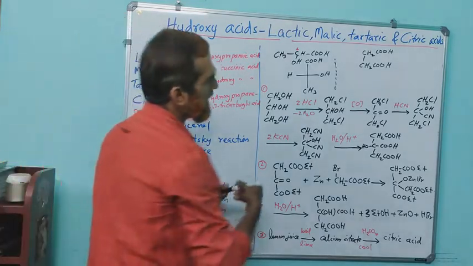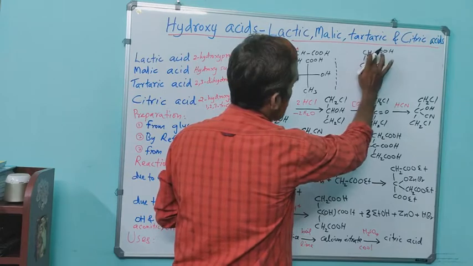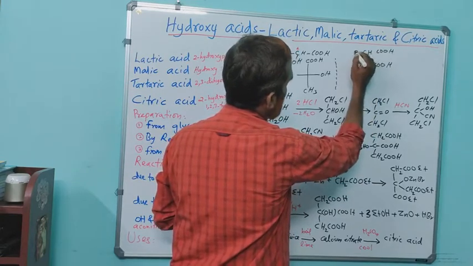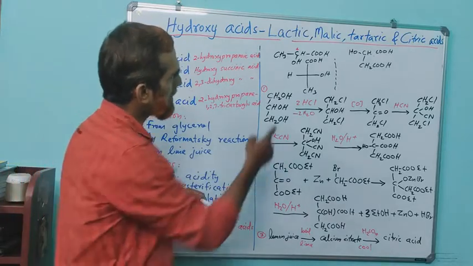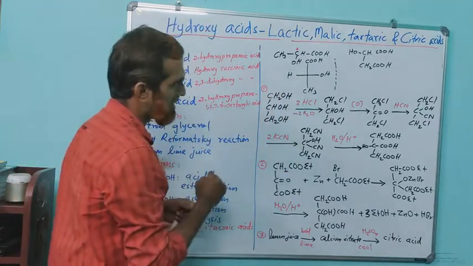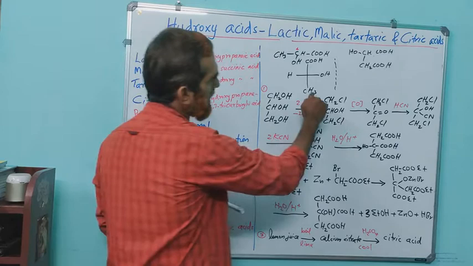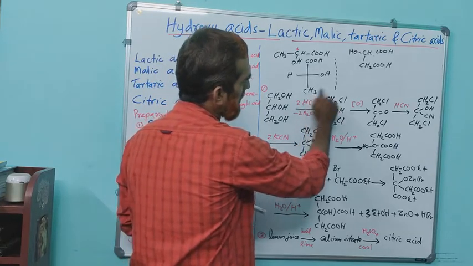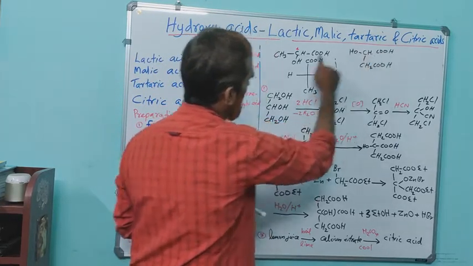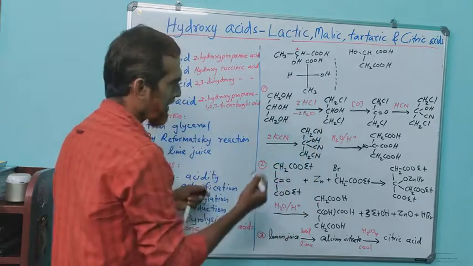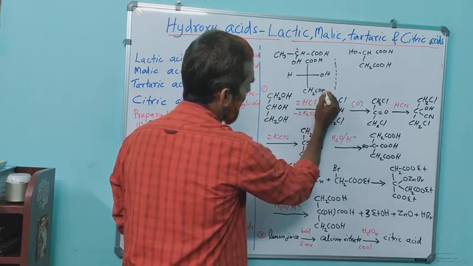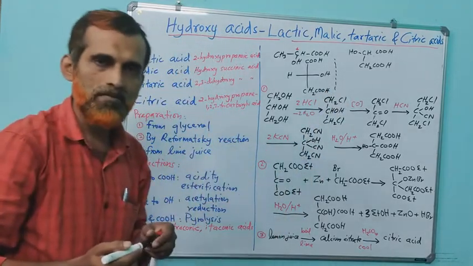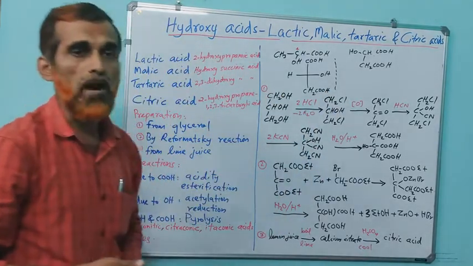And there is one OH here, for example, 2-hydroxysuccinic acid. So the difference compared to lactic acid is that this one, see, CH, OH, this is the same thing here, and here it is CH2COOH. That's all. Now this is malic acid.